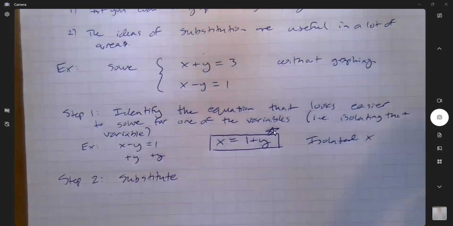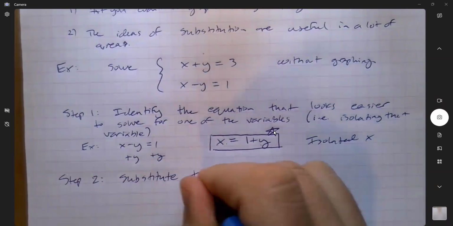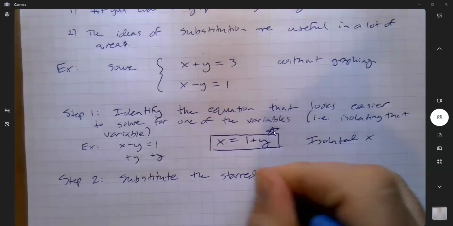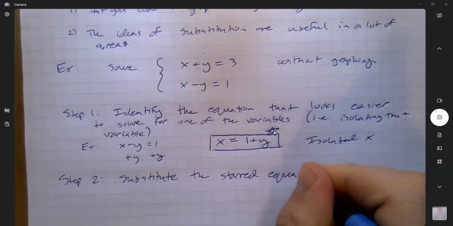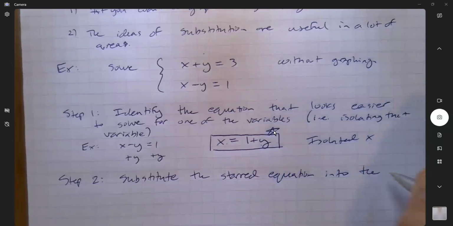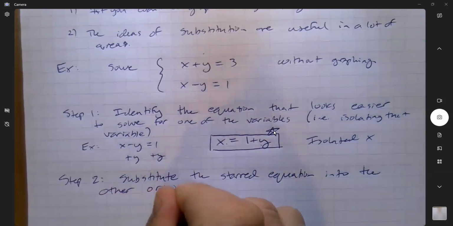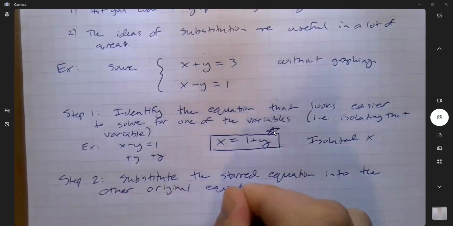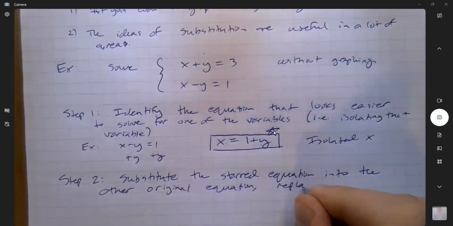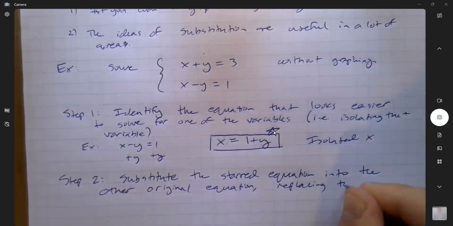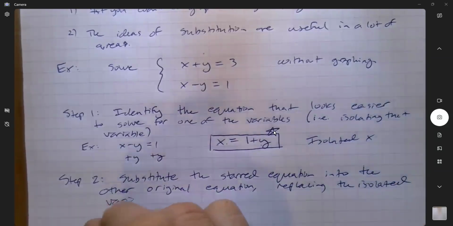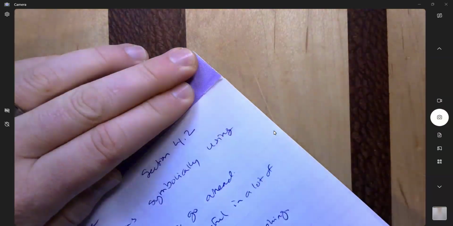So step 2, substitute, and this is why it's called substitution, substitute the starred equation into the other original equation, replacing the isolated variable. In this example, the isolated variable is x.